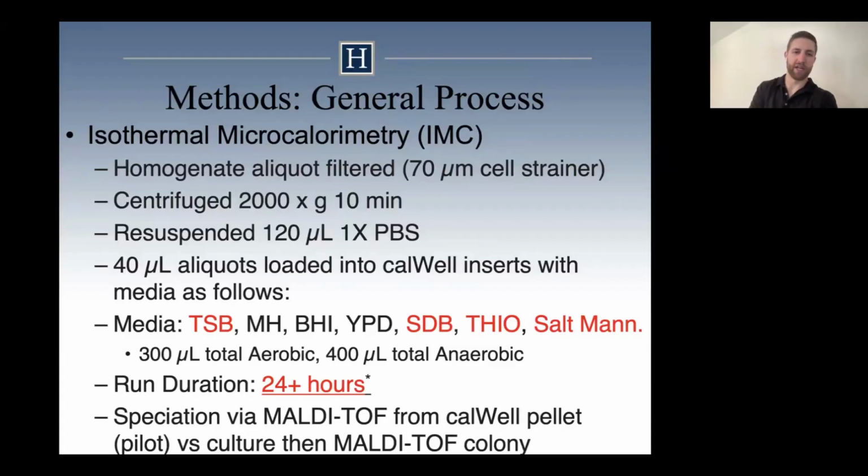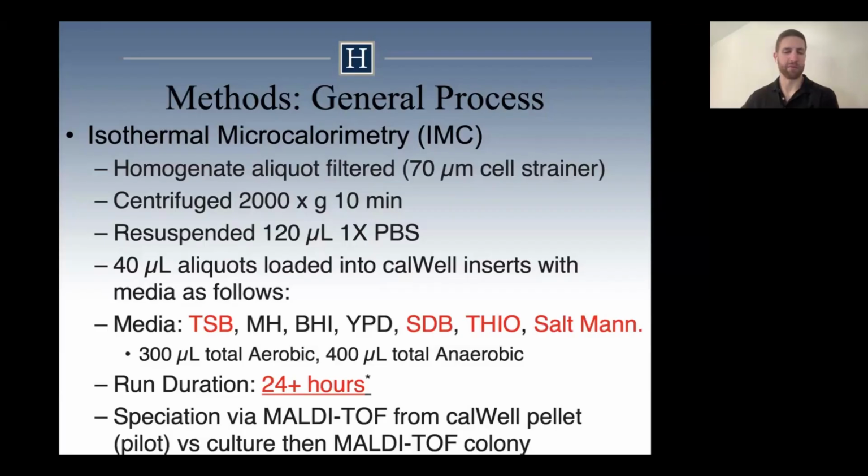So what we ended up settling on for the majority of the samples was 4 different media types. We used TSB, Sabouraud, thioglycolate, and salt mannitol to try to give us some distinction between different pathogens and different growth conditions. The total sample volume was 300 microliters for aerobic cultures and 400 microliters for our anaerobic cultures.